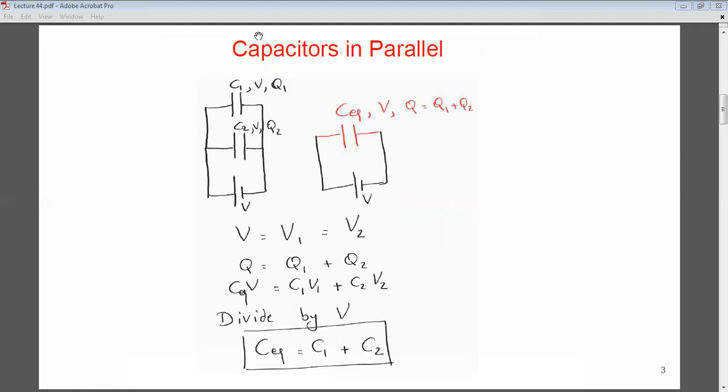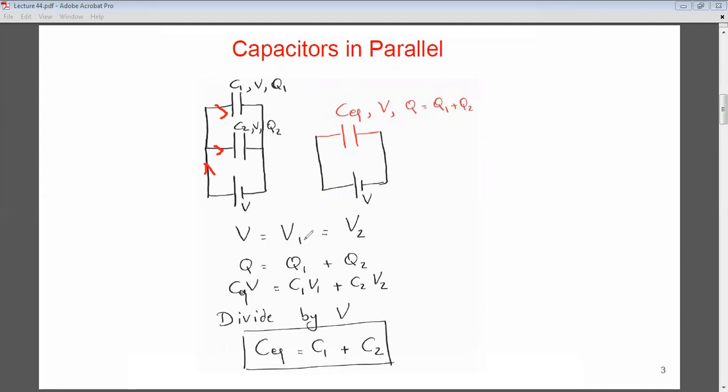And for Q, there will be Q coming from the battery, and it will split into Q1 and Q2. So Q has to do with the current, if you can remember the current. Now, if I combine these two capacitors, they will give me C equivalent, which will have voltage V, and it will have Q, which is Q1 plus Q2.